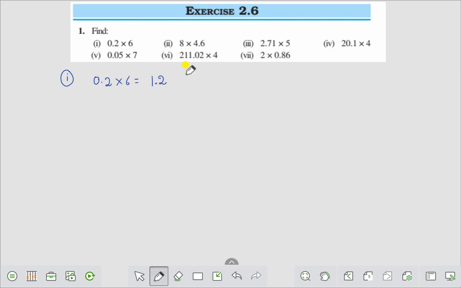Now, number 2 is 8 into 4.6. You have to multiply 4.6 with 8.